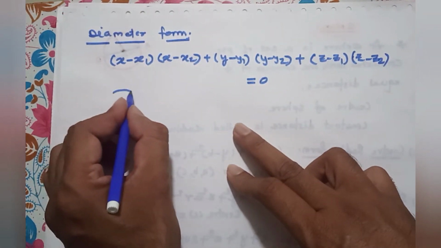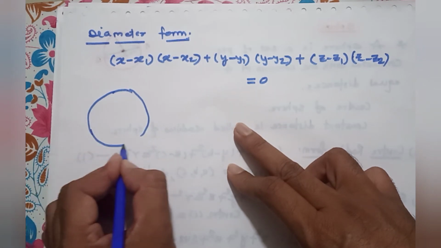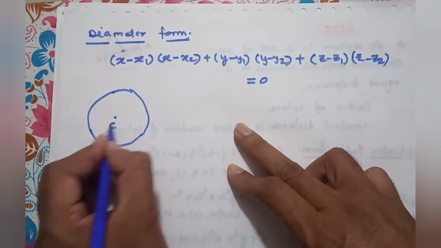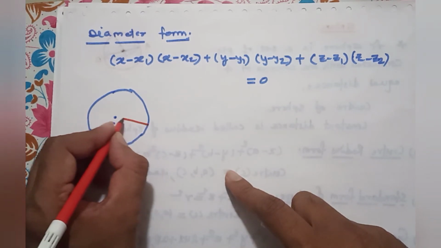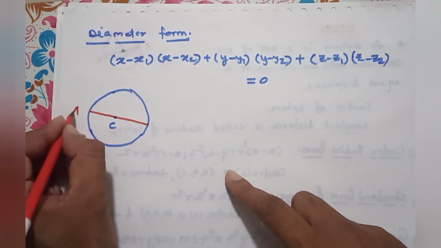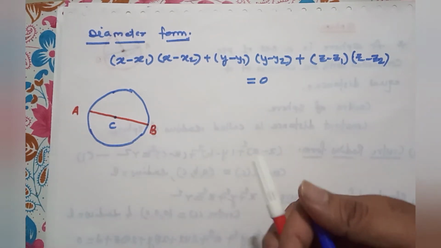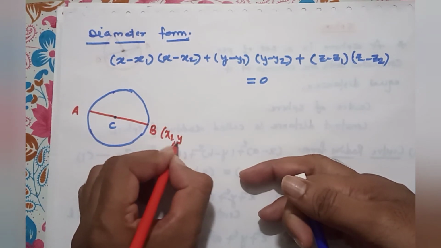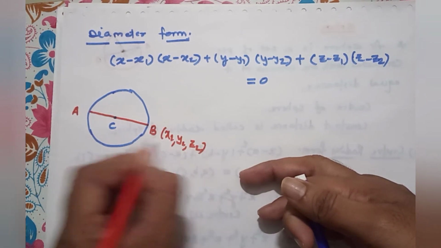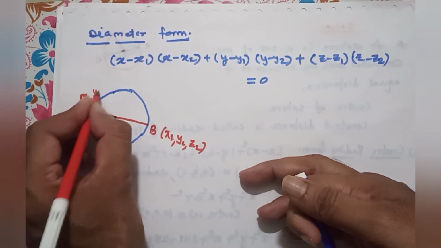So if the sphere has center at C and this is the diameter passing through the center, and the end points of the diameter are A and B, having points (x2, y2, z2) and here (x1, y1, z1).